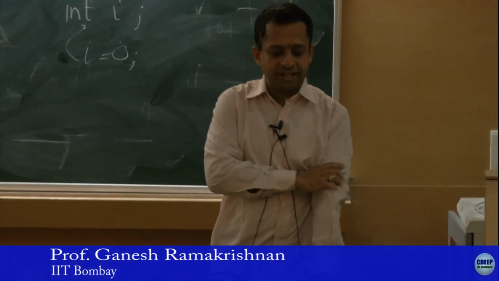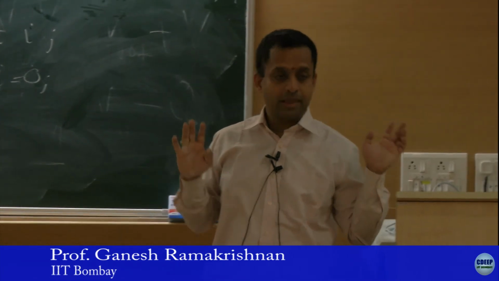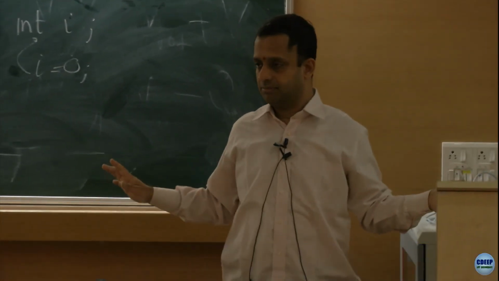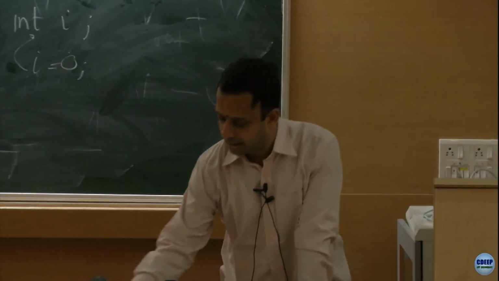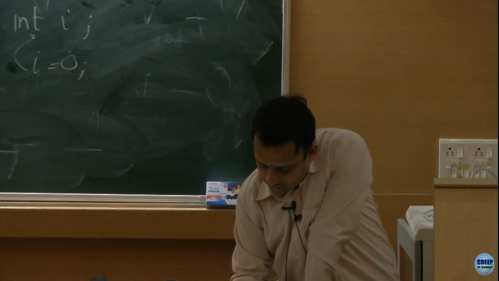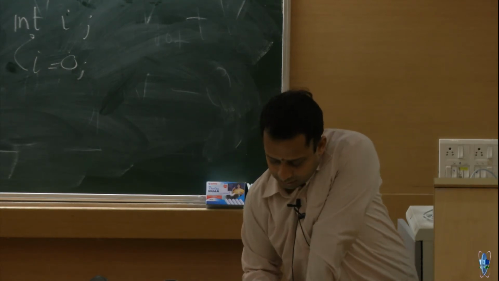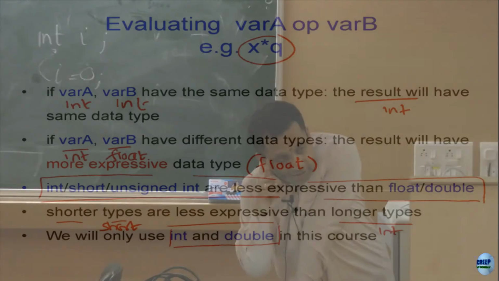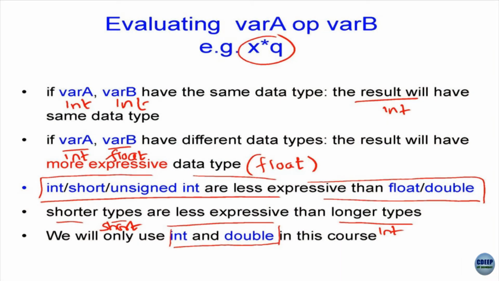So if variable A and variable B have the same data type, the result will be the same data type. For example, this is about x into q. If variable A is an int, variable B is an int, then the result will also be an int. If they both are float, then it will be a float.